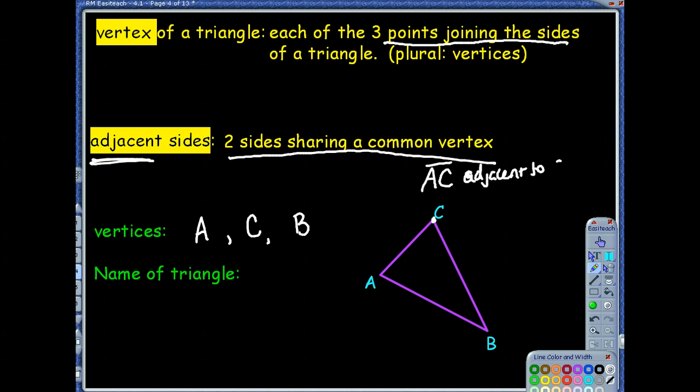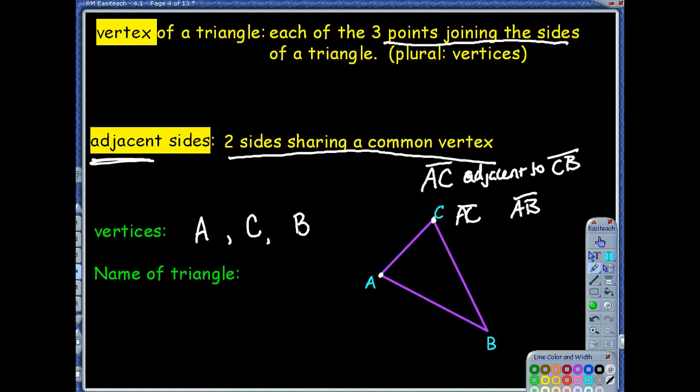Okay, so AC would be adjacent to CB if I look at point C. But you're also saying that segment AC would also be adjacent to AB. Segment AB, if I look at point A being that point that they have in common. So really, in a triangle, any side that you have is adjacent to the other sides. Exactly. But what I'm thinking, that word adjacent sides, we're kind of throwing it out now, but when we get to other types of figures like quadrilaterals or things that have more sides, 5, 6, 7 sides, not every side is adjacent. But in a triangle, it's kind of unique in this case. Right, exactly.